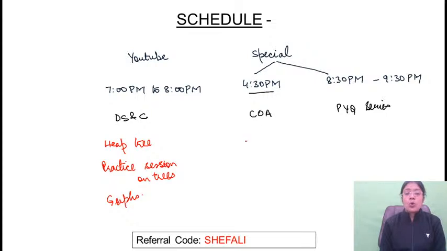And in COA, we had started with the pipelining. Tomorrow we will be having a practice session on pipelining. After that, I'll be starting with the concept of advanced pipelining.